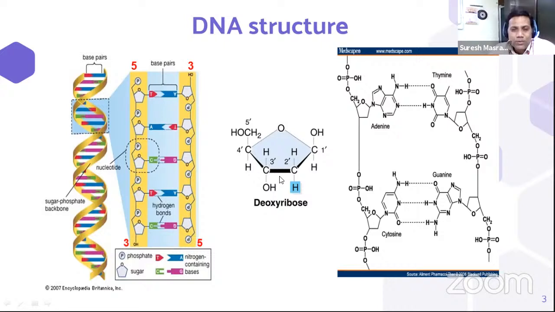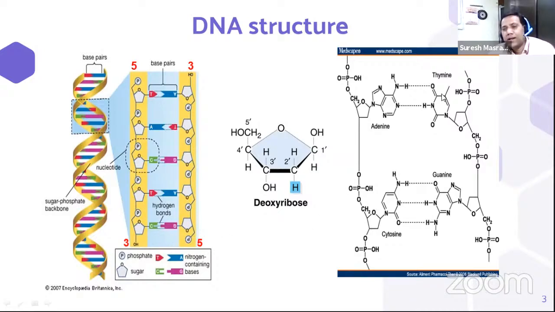This deoxyribose sugar remains in an upright position, providing its hydroxyl group on the fifth carbon atom for alignment with the preceding phosphate molecule. And at last, here you can see this last deoxyribose molecule provides its hydroxyl group present over the third carbon.